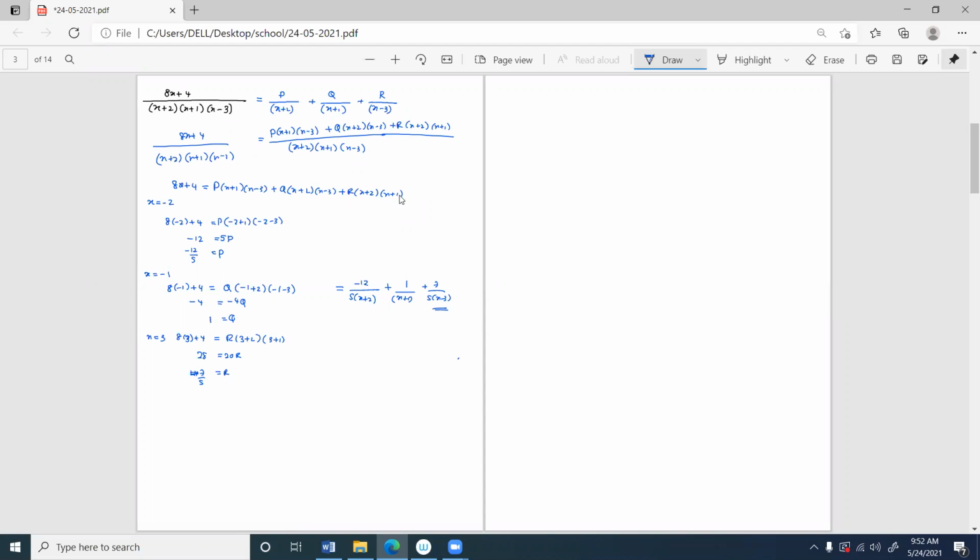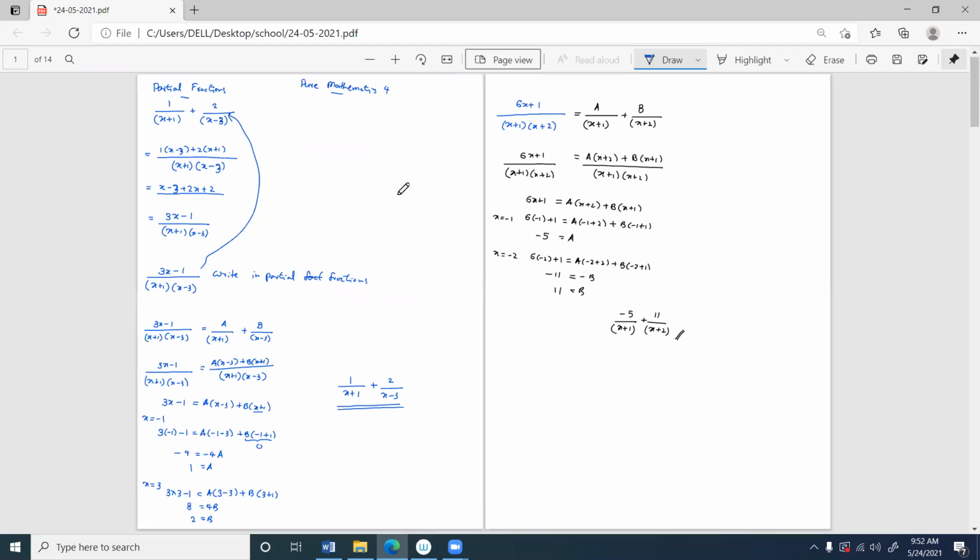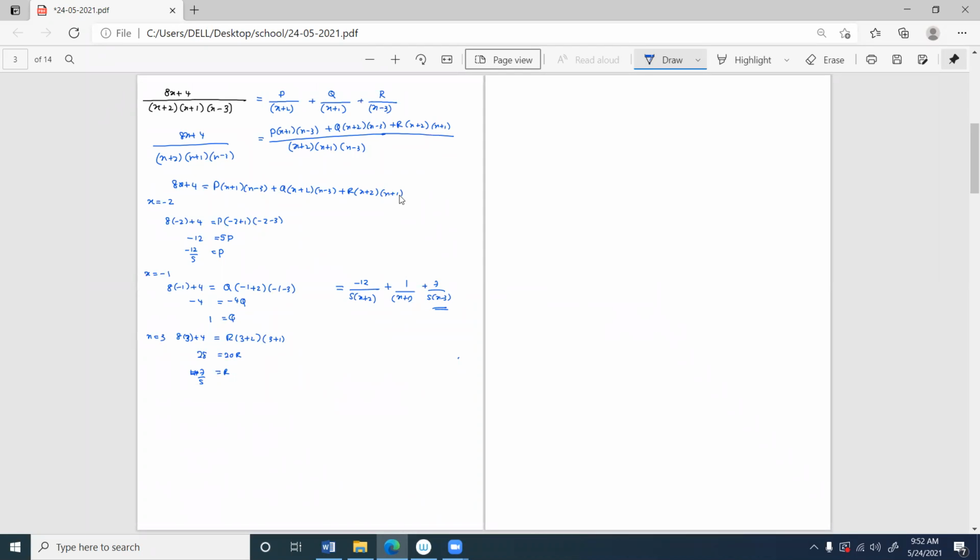The first approach is for fractions with two expressions in the denominator. The next approach is if you have three expressions, or three terms, in the denominator.